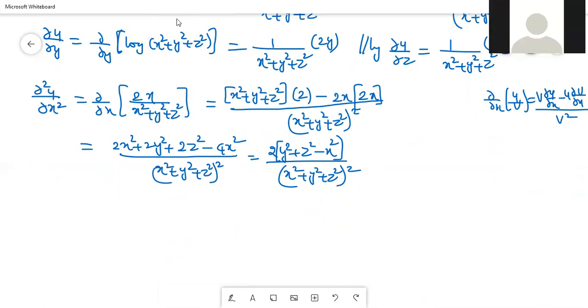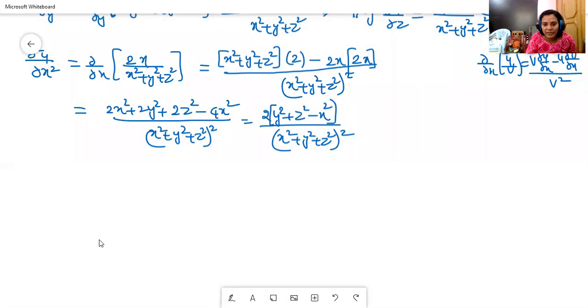And the log function having the same notations, either x, y, z, all are having the same components, x square plus y square plus z square. After doing with respect to y also, you are getting the same differentiation, but the variables are different.